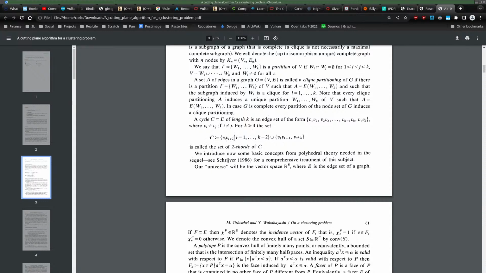So we skip a node every time while going around the cycle, where i runs from 1 till k minus 2, and we do a union of v_{k-1} v_1 with v_k v_2. So that just means you have a cycle and then you go through the cycle, but you skip a node every time.